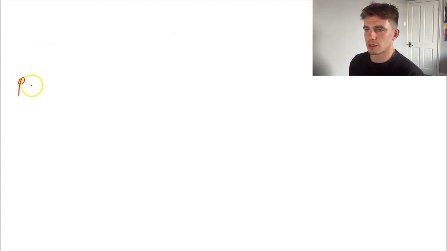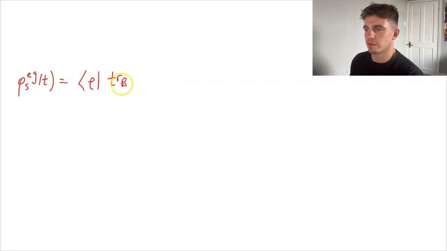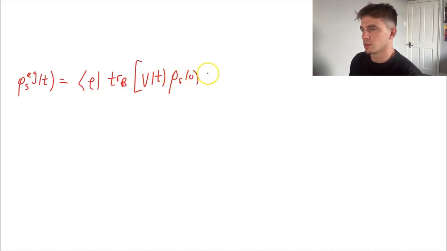So we'll take the EG element of the system density matrix. How do we find that? Well, let's sandwich rho S of T between E and G. Well, rho S of T is the trace over the bath of the entire time-dependent state.